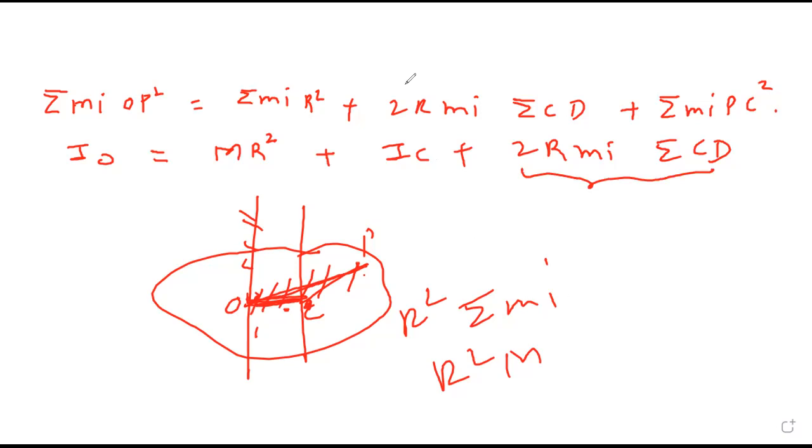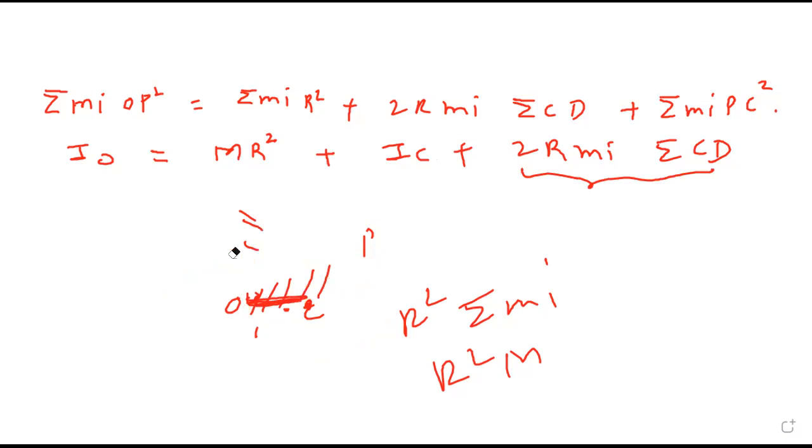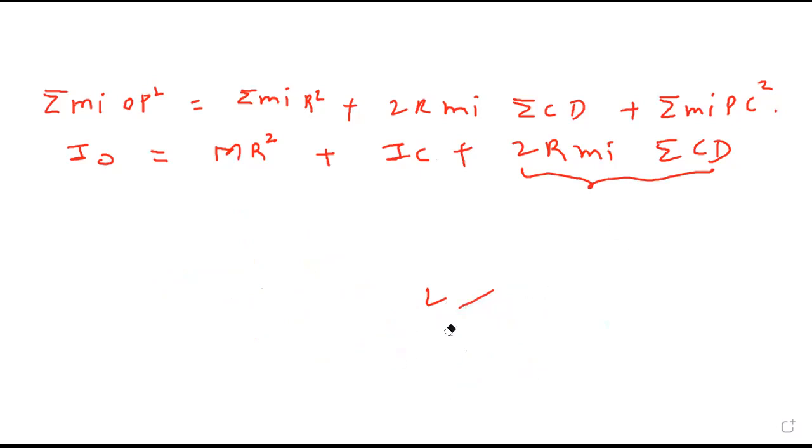So I have to think how this can be brought to 0. 2R summation of Mi CD. We have to check how we can bring it to 0. Again, copy these two lines, then I will explain how it will be 0.